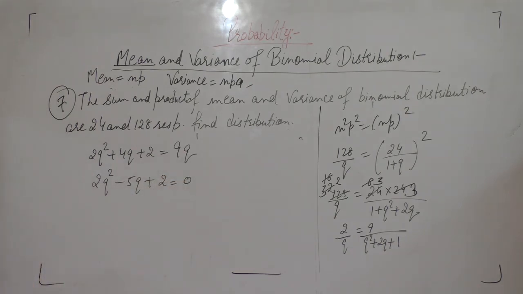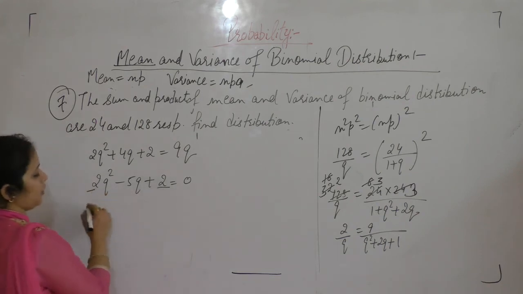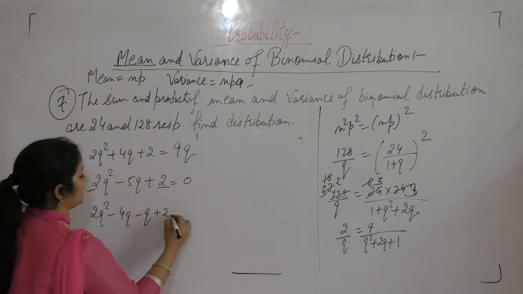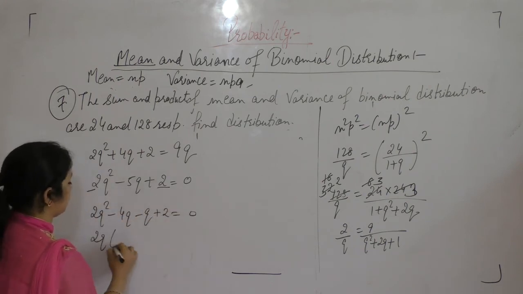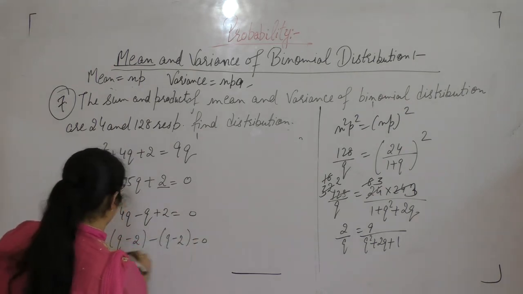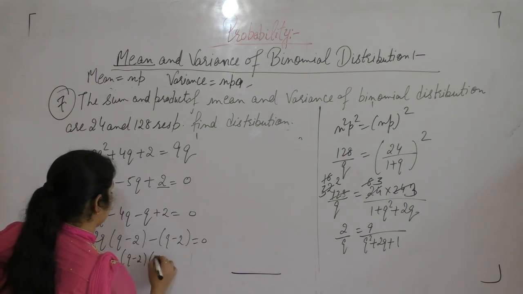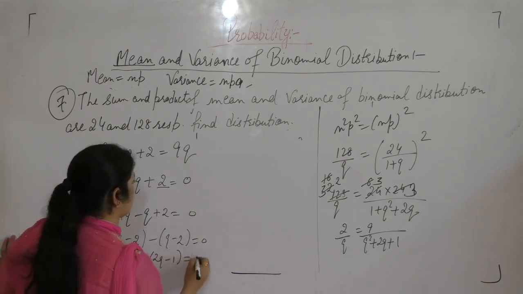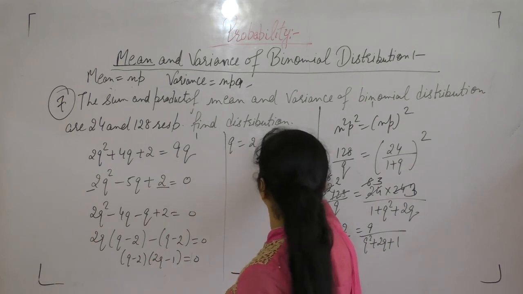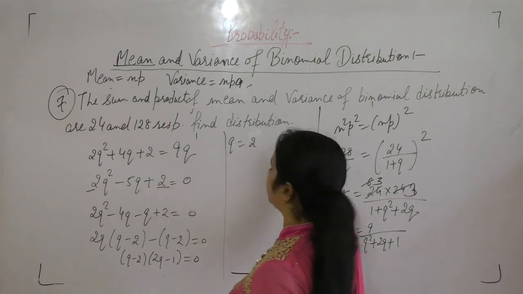Now factorize the quadratic. By multiplying we want 4 and by adding and subtracting we want 5. So Q minus 2, 2Q minus 1 equals 0. So Q has value 2 and 1 by 2.